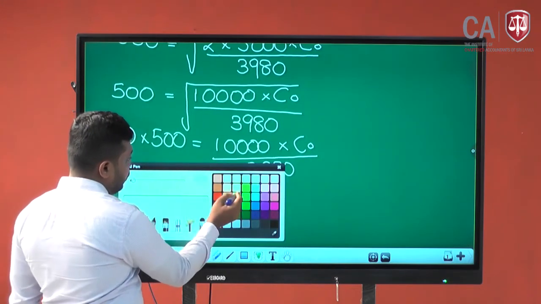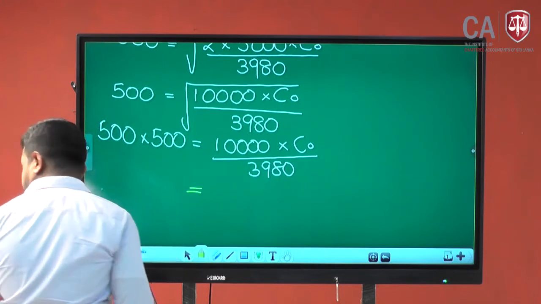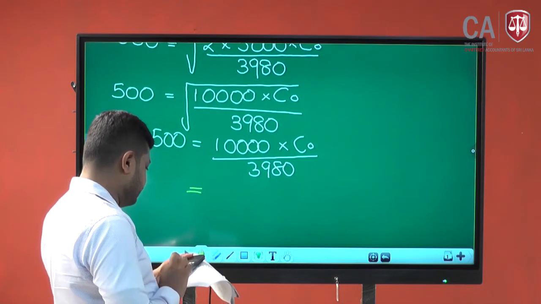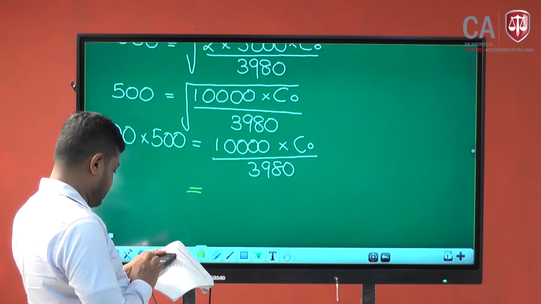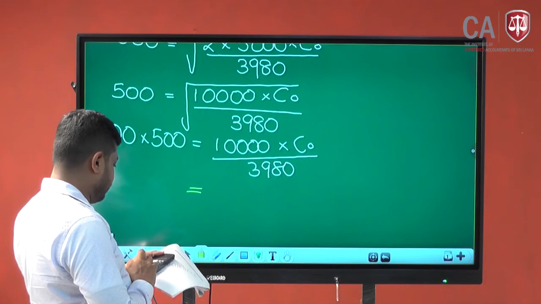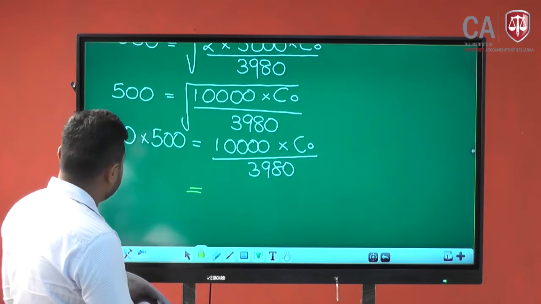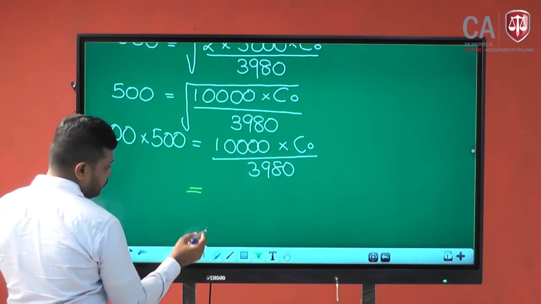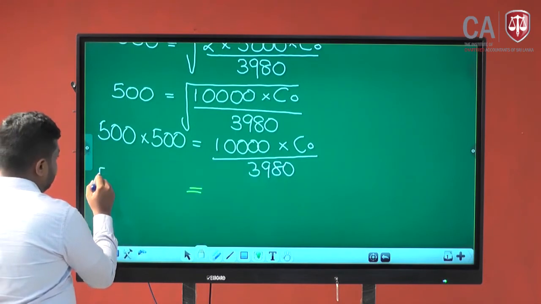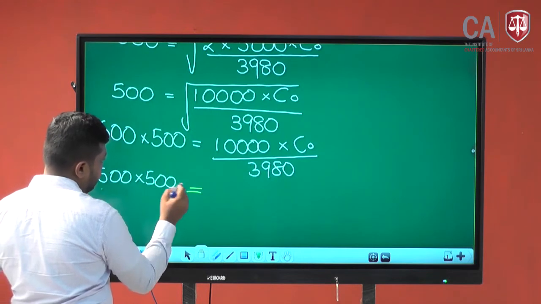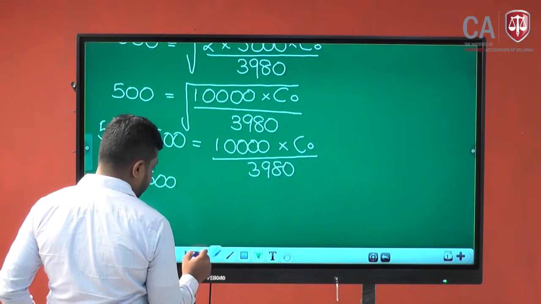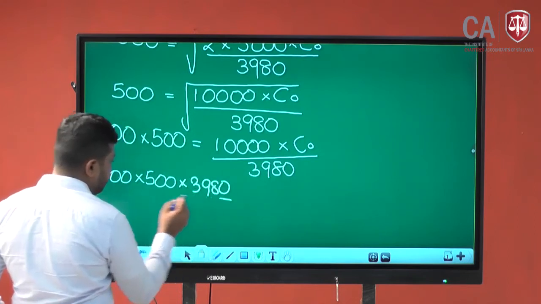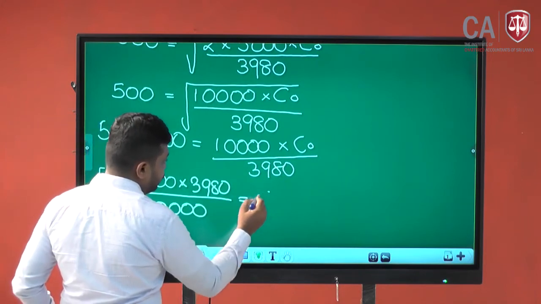If you work this out, 500 into 500 into 3,980 divided by 10,000 equals the cost of ordering.